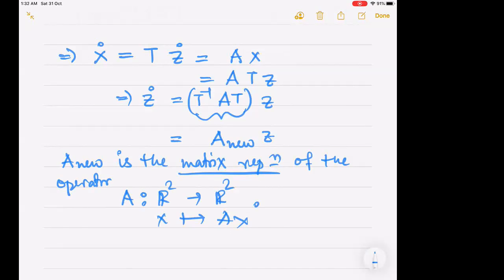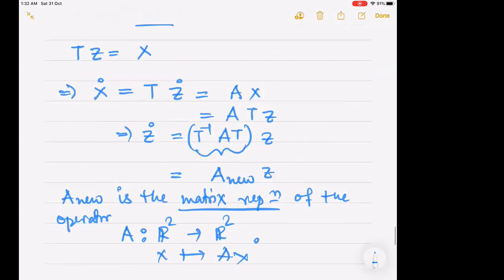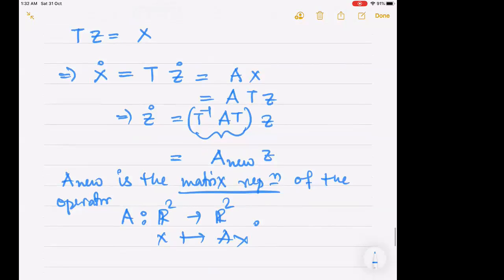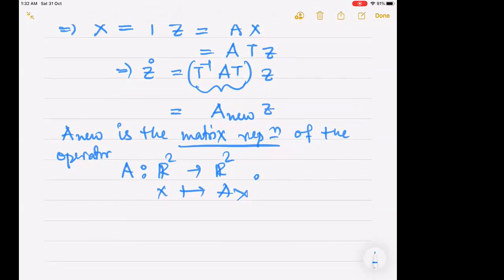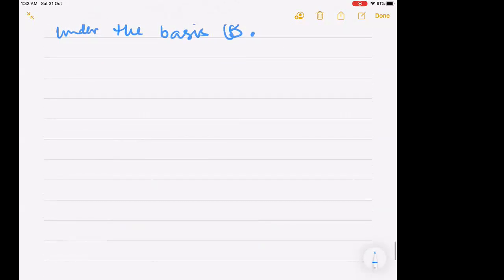A nu is the matrix representation of this operator under the new basis B. So A is the representation of the linear operator in the standard basis. When I do this change of coordinates, I represent all the vectors in these new z coordinates. In that new coordinate system, A is represented by A nu. So geometrically, it's going to look something like this.